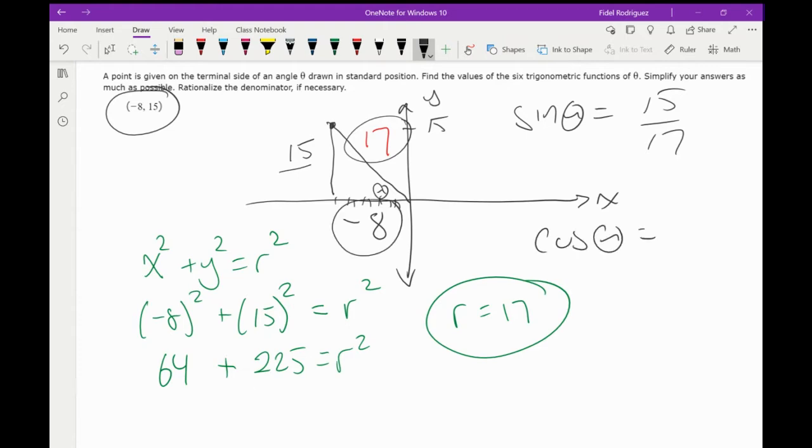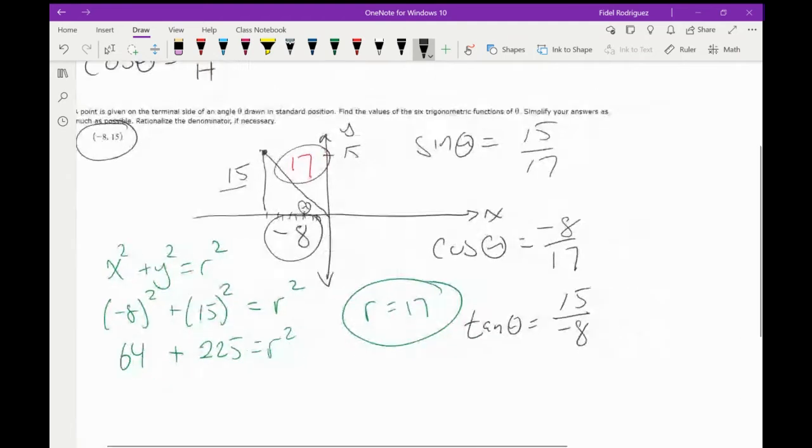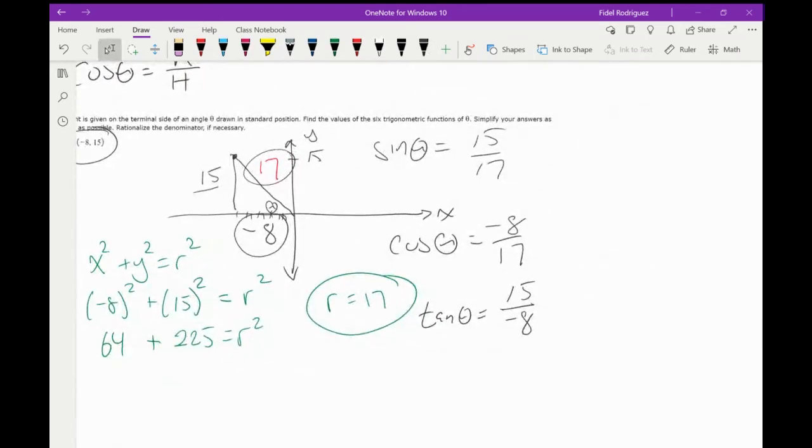Cosine is adjacent over hypotenuse. Tangent is, anybody remember? Opposite over adjacent. What would I write? Something over something. What is the opposite? There you go. 15 over -8, right? There's the opposite over the adjacent.